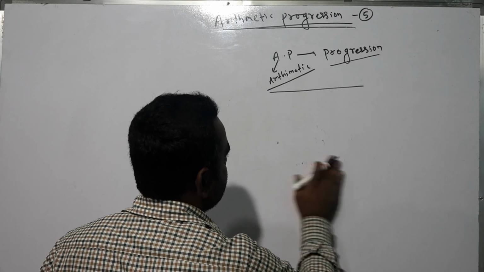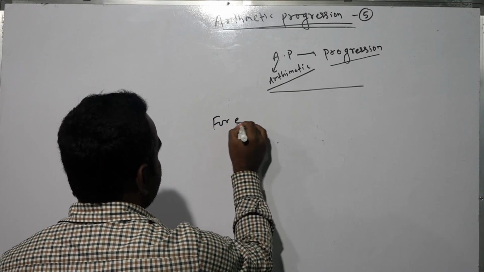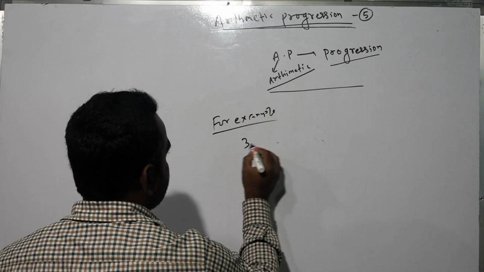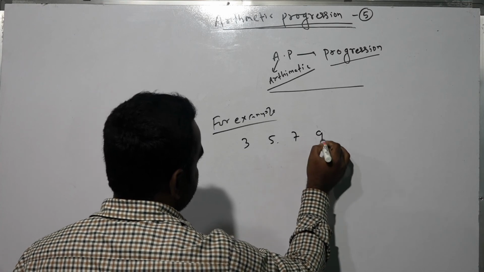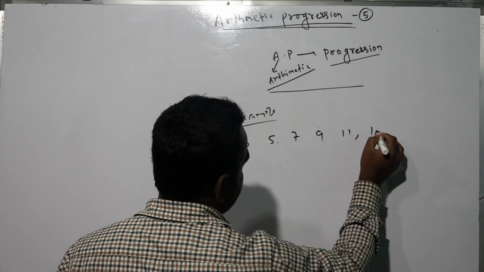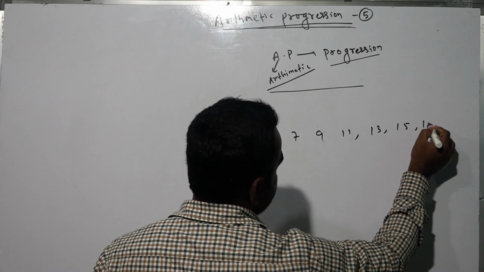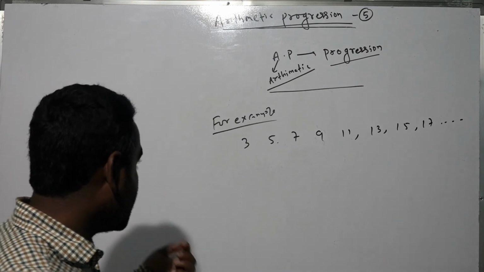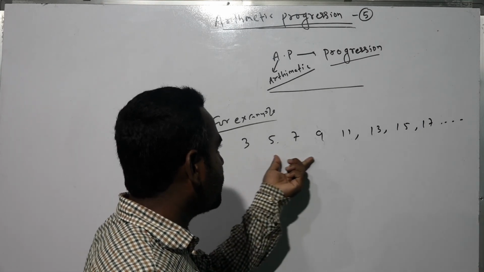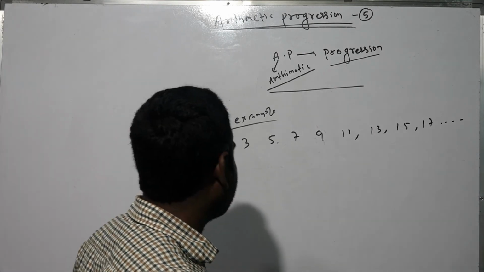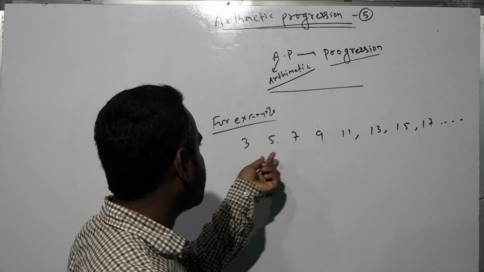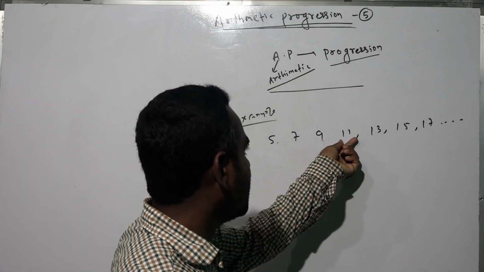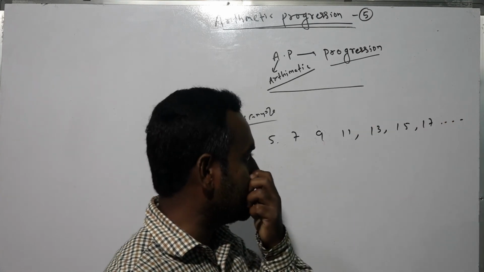Here you see, for example, 3, 5, 7, 9, 11, 13, 15, 17, and so on. In this sequence, the first term is 3, the second term is 5, the third term is 7, the fourth term is 9, then 11, 13, 15, 17.